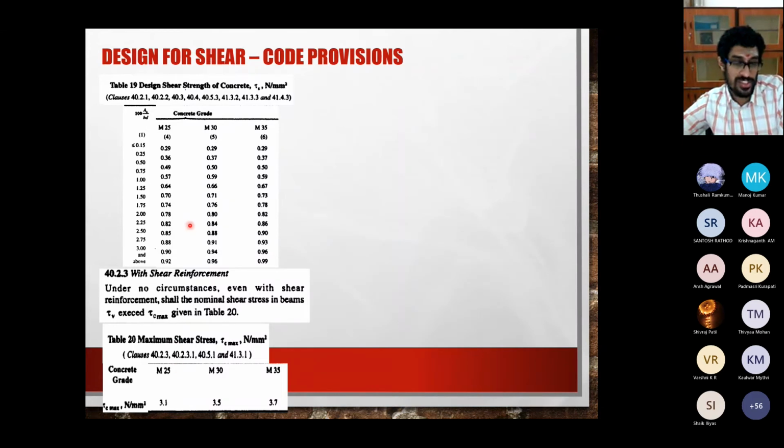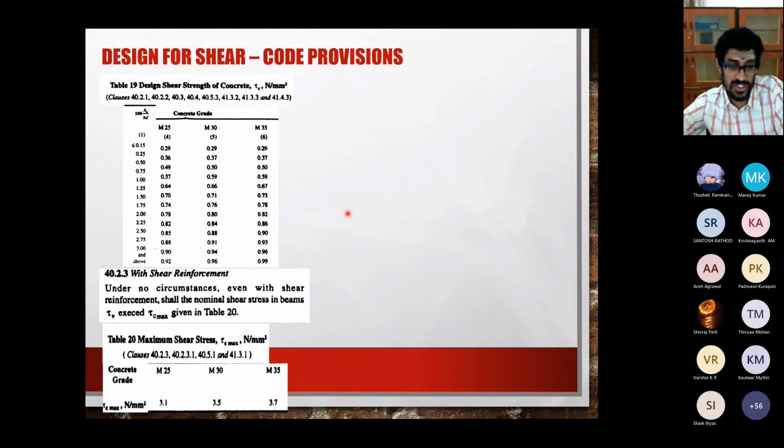So in many cases, you will see that just by doing tau c into BD, you may not be able to get the required shear strength for the beam, and therefore you will go ahead with providing some shear reinforcement. And even if you give the shear reinforcement, the maximum tau c that you can actually reach is only 3.1, 3.5 or 3.7.